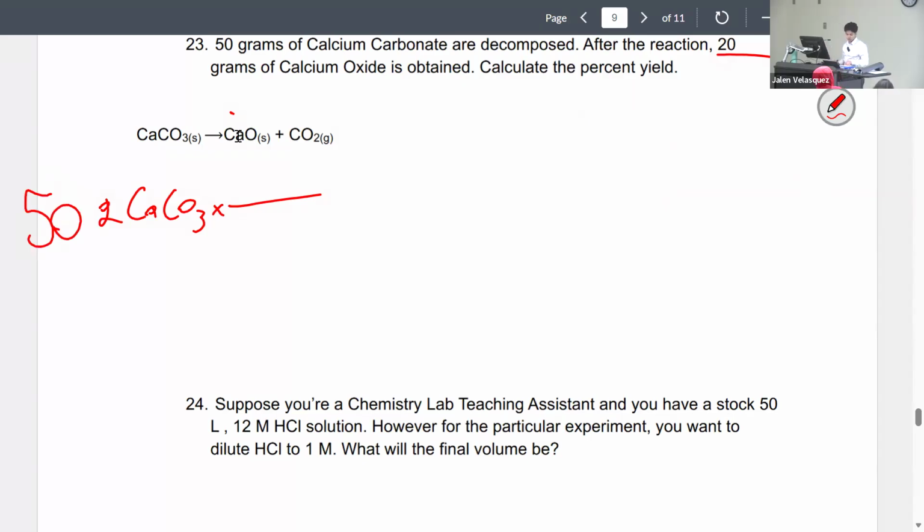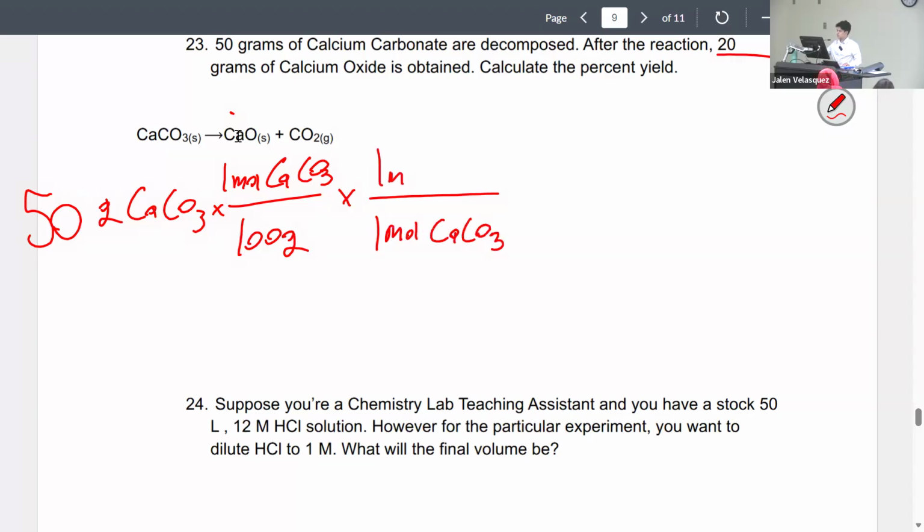Right, so we're starting with the 50 grams, we're going to the moles. The molar mass is 100. Now from the moles of calcium carbonate to the moles of calcium oxide by the mole ratio. And then finally from the moles of CaO into the grams of that by the molar mass, which is 56.